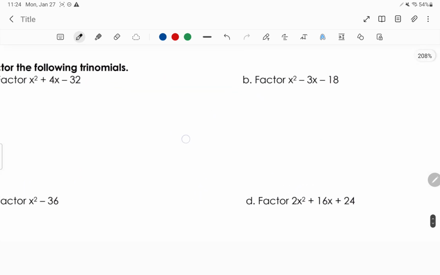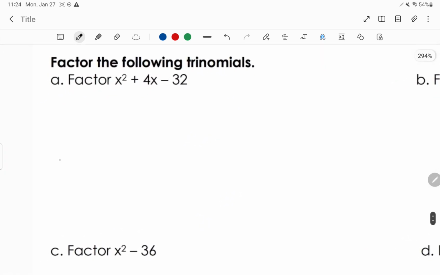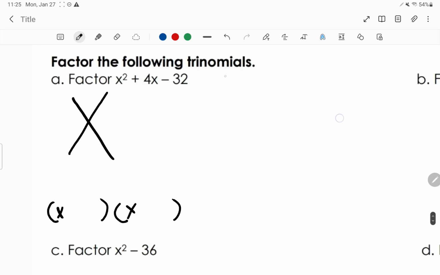All right, so let's start with the first one. Again, we're gonna do our parentheses x, parentheses x, just like the totals on the other one. Now we do our big X. I know A is 1, B is 4, and C is 32, negative 32.